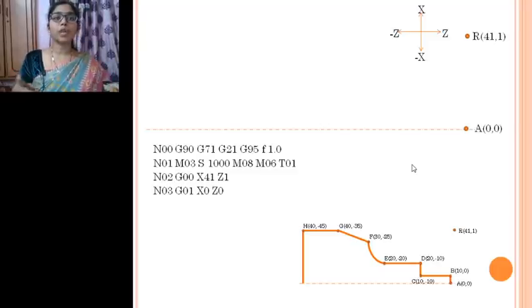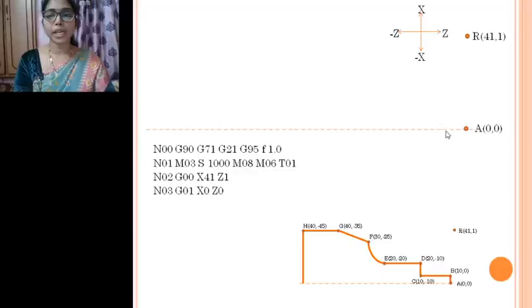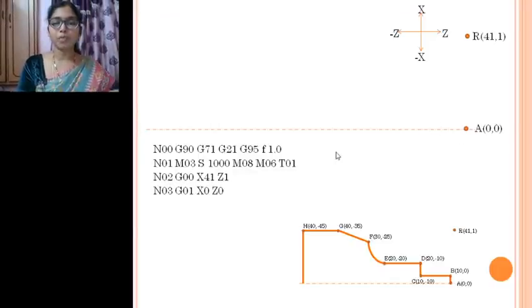Linear interpolation is nothing but it moves in a straight line motion. By using linear interpolation, it moves straight to this point, X0 and Z0. So it comes to this point now.